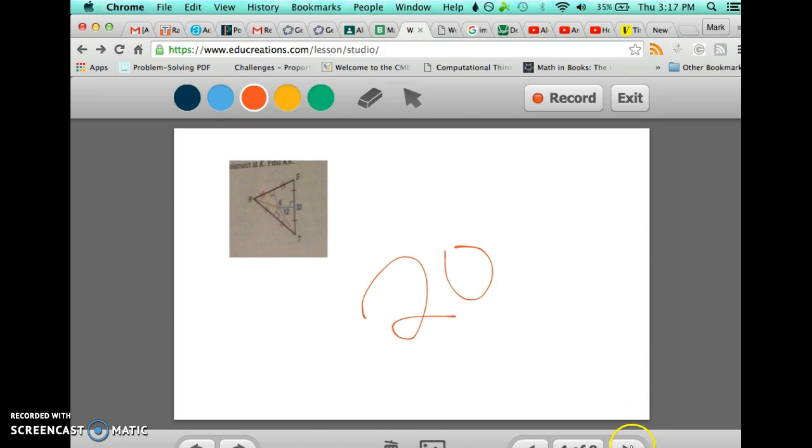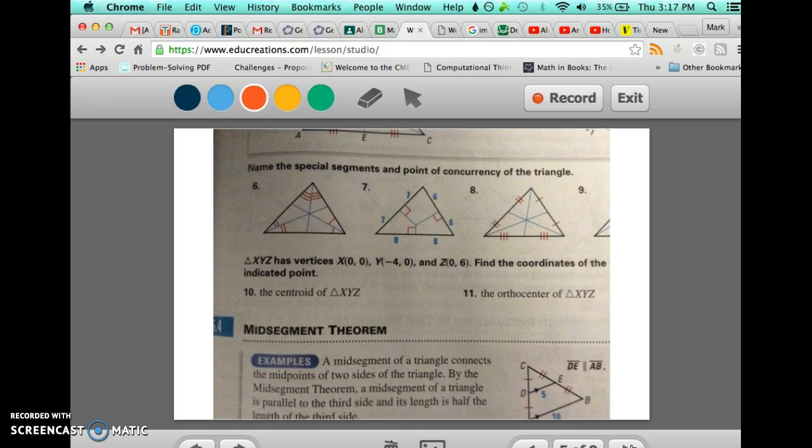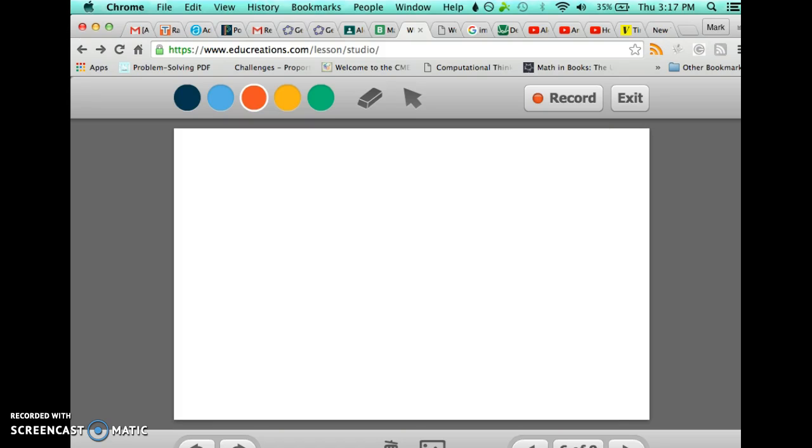All right. Next problem, we would go to number 6. It says, name the special segments and point of concurrency of the triangle. These little lines tell us that these angles are congruent to each other. Equal angles, equal angles, equal angles. So what divides angles perfectly in half? The angle bisector. So number 6 is angle bisector. And the point of concurrency is where all the angle bisectors meet.